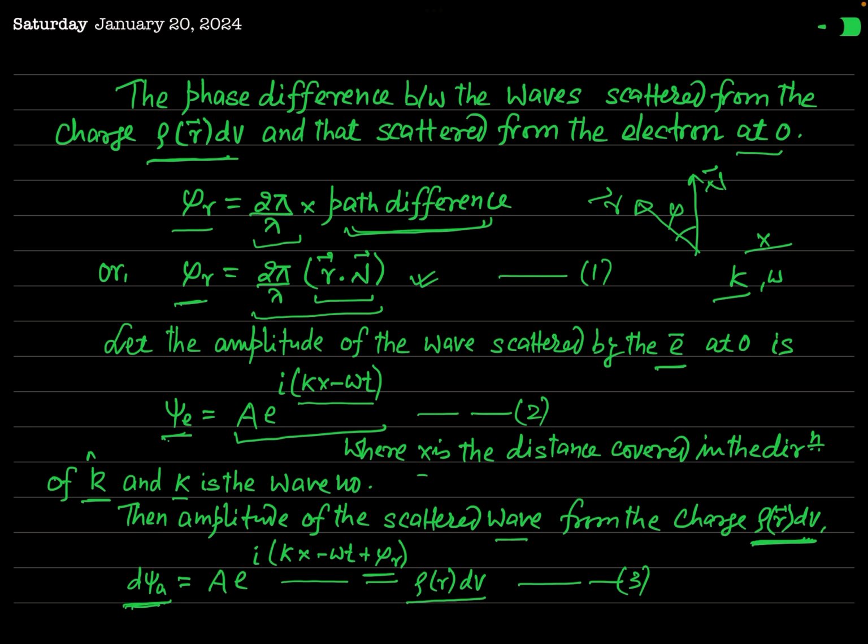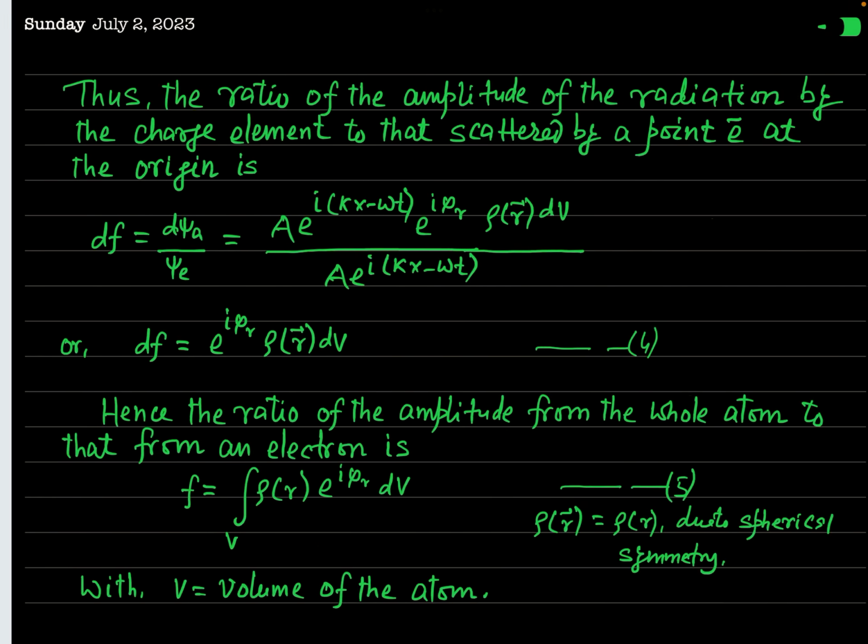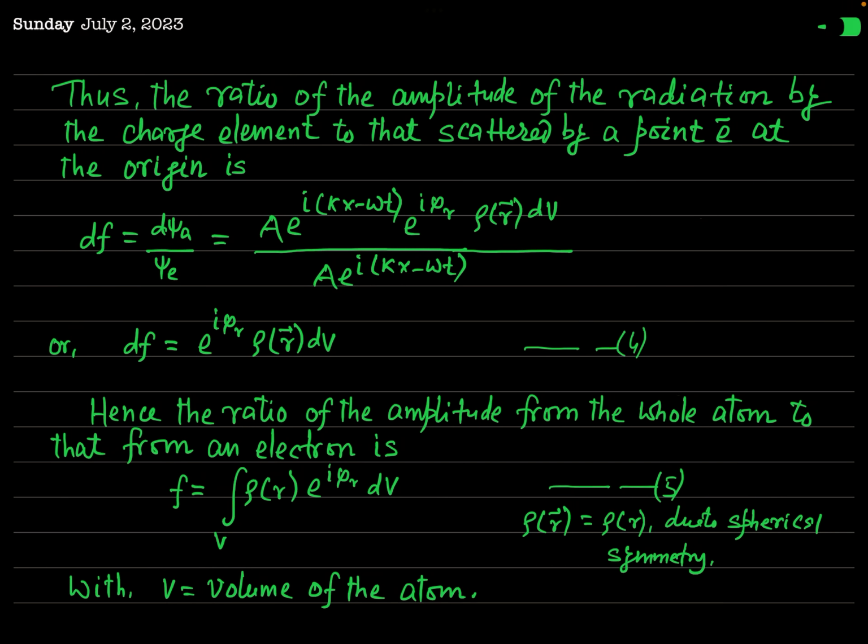Actually here I use the vector sign, but since the charge distribution is spherically symmetric and uniform, you can guess that this volume charge density will depend only on position, not on direction. So instead of vector r, you may also write only r. It means the charge density will be only a function of r, not its direction. But that we will use sometime later.